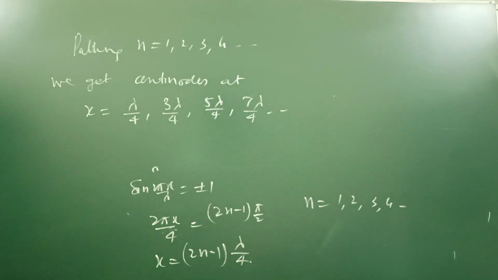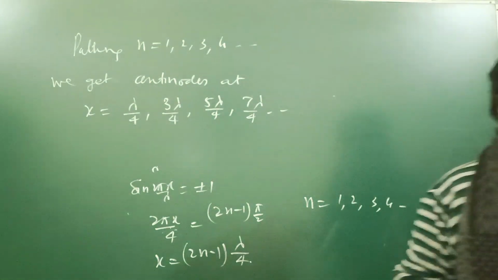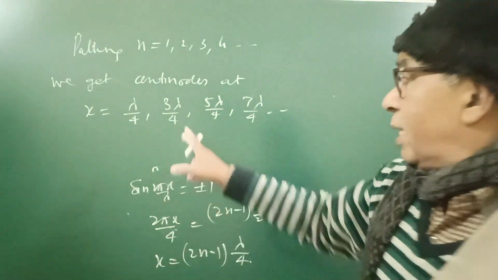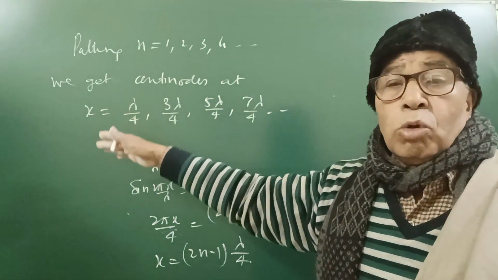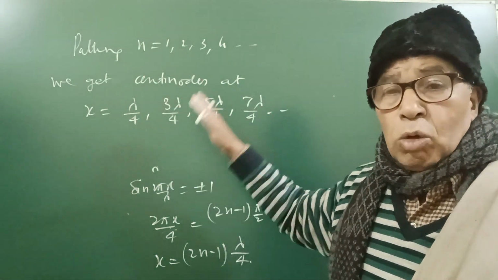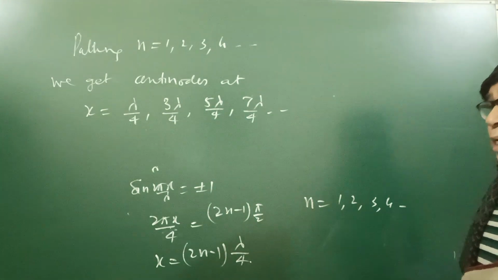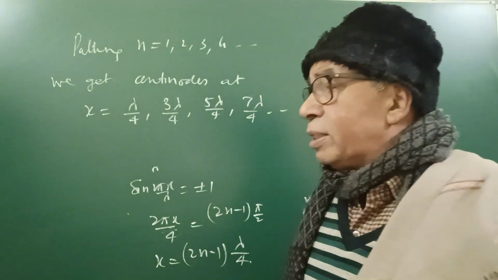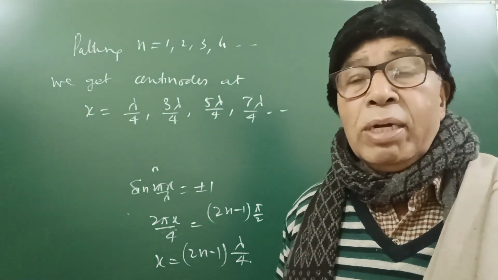It means in case of this boundary, at boundary there is node and then next is antinode and then lambda by 2 node. So node, antinode will be obtained successively in case of stationary wave formed in a bound medium having rigid boundaries.